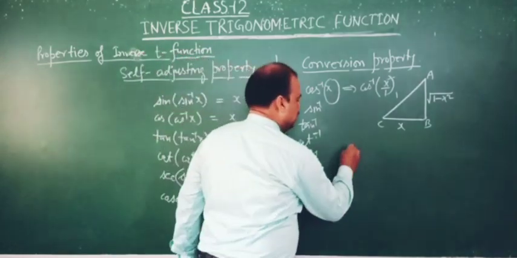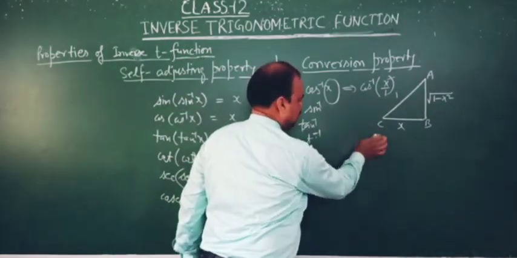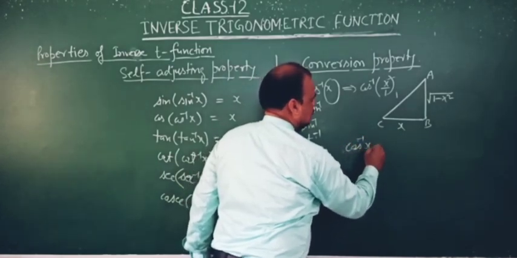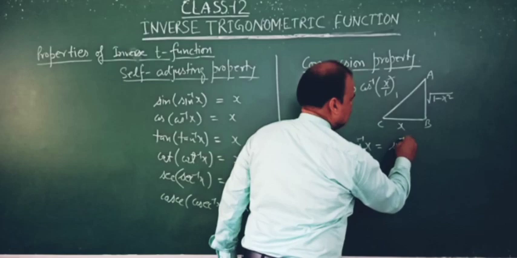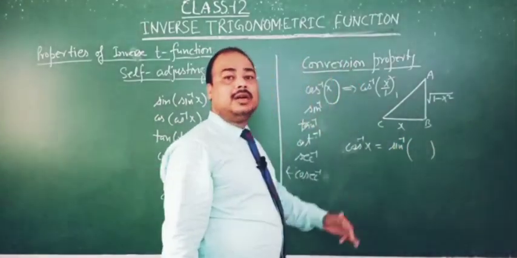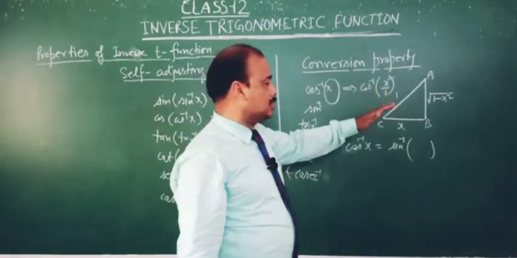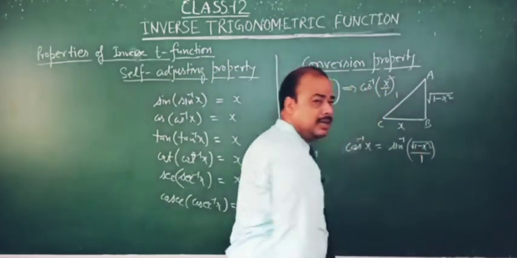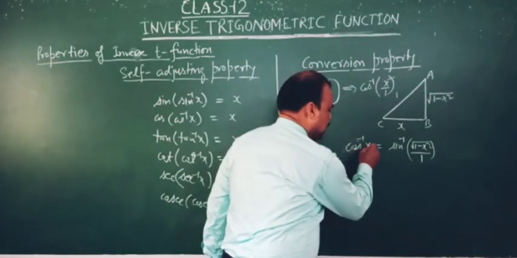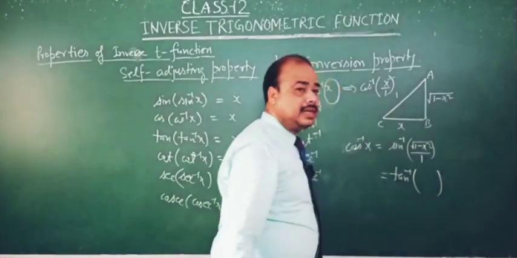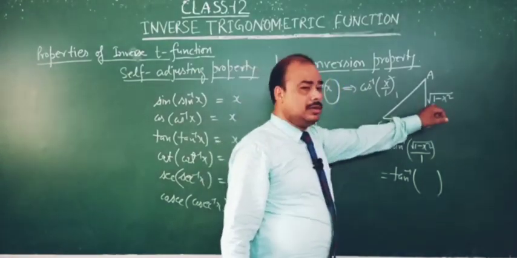Now we can write cos inverse x equal to sin inverse. Sine is the ratio of perpendicular upon hypotenuse. It means root 1 minus x square divided by 1. This cos inverse x is also written as tan inverse. Tan is the ratio of perpendicular upon base.